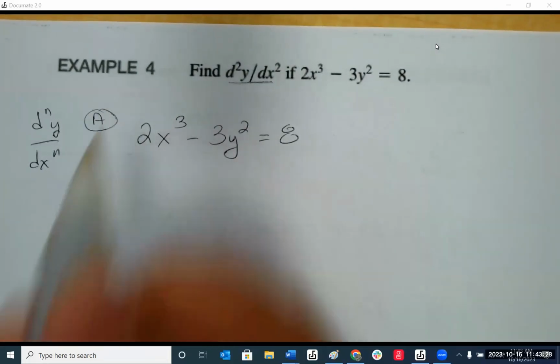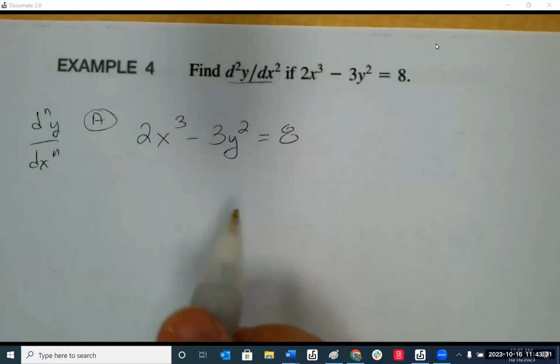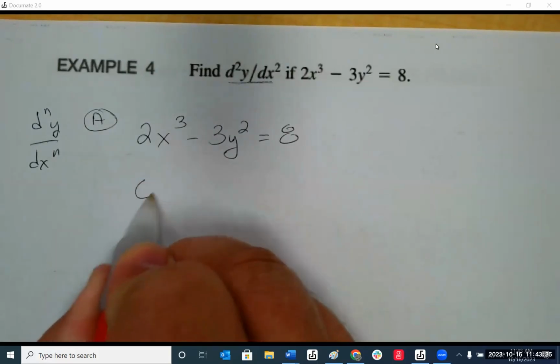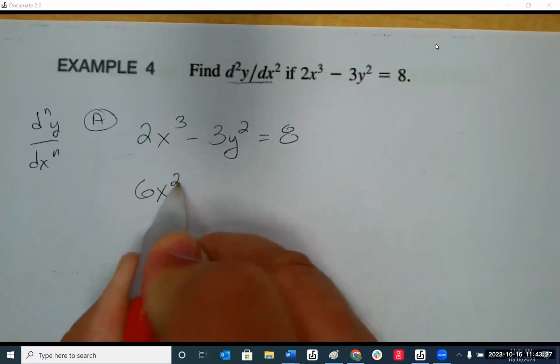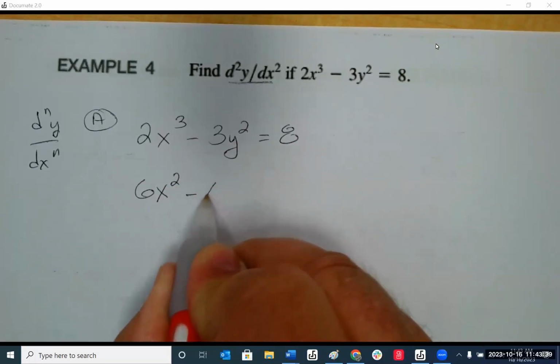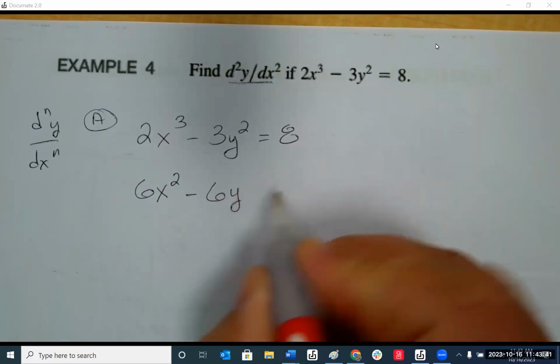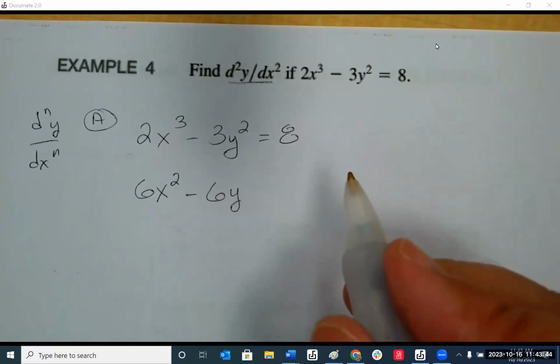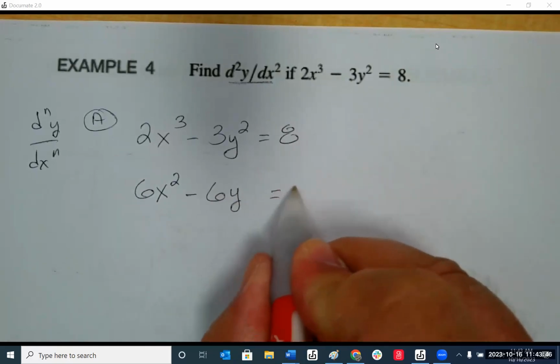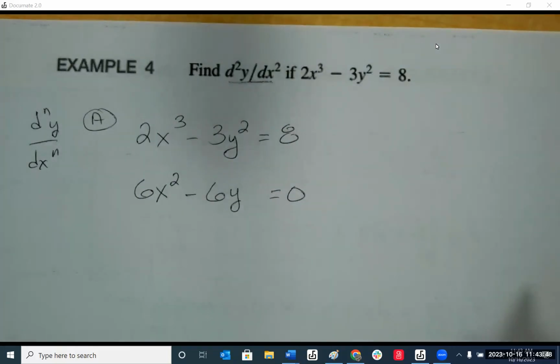This is our first equation, call it A. Take the derivative of it: 6x squared minus 6y equals 0. What do I do next?